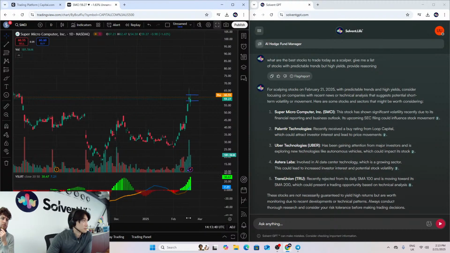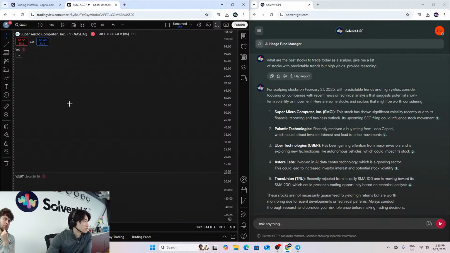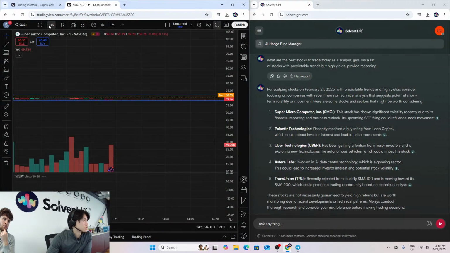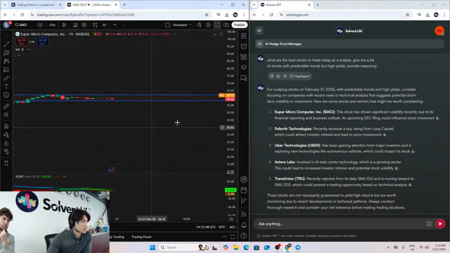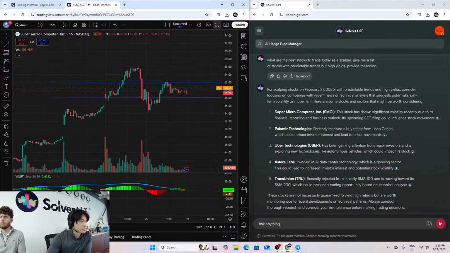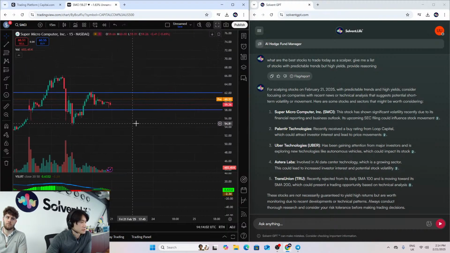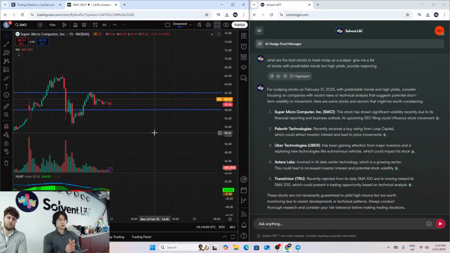Yeah, there we go. So it hit the resistance there. It's coming down. If it breaks below here, we're going to go in for a short. About 15 minutes away from market open.